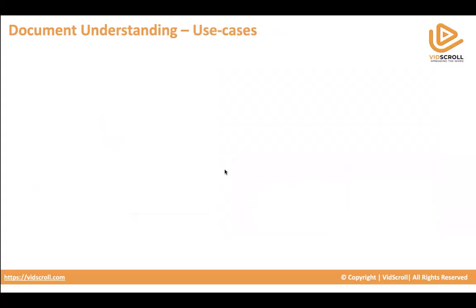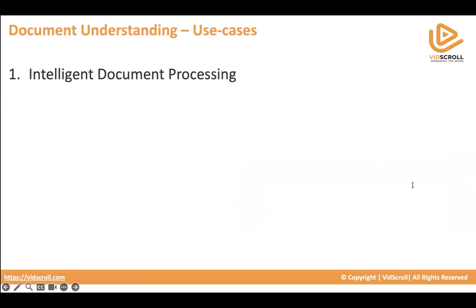Now let us understand a few of the use cases. One use case is intelligent document processing, a subset of document AI. It helps enhance the efficiency and accuracy of document processing across various industries and use cases.